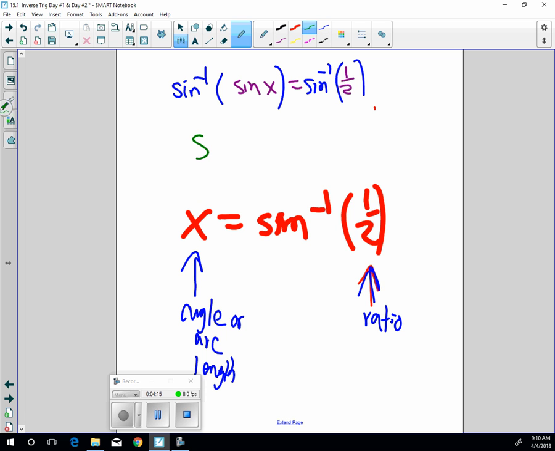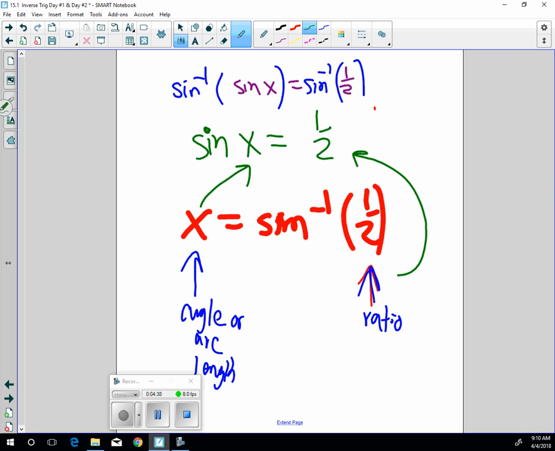We had the sine of x equal to 1/2. And x was the angle or the arc length. Notice that's right next to sine when we have it this way. When it's inverse, the 1/2 or the ratio is next to the inverse sine.